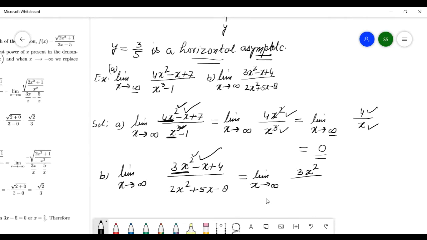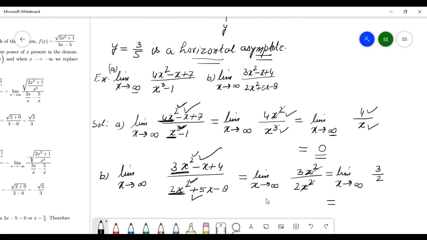And here in the denominator, the highest power of x is here, take this term only, 2x square. Now look here, the x square cancels. So it is equal to the limit as x goes to infinity of 3 divided by 2.